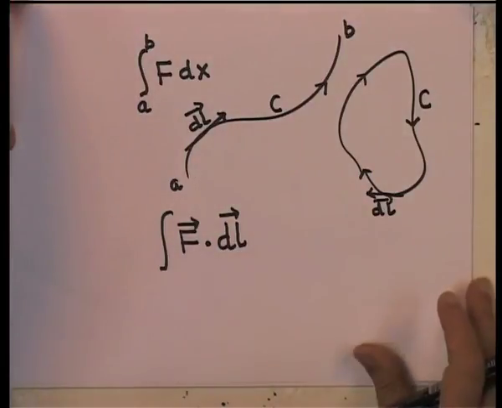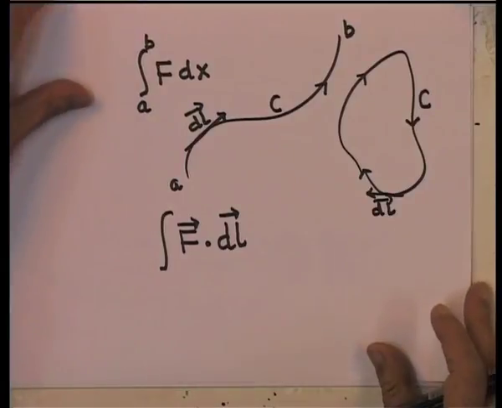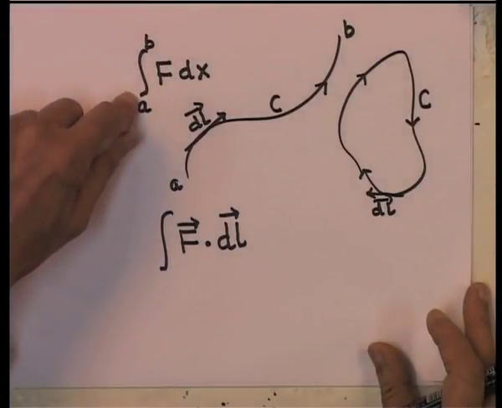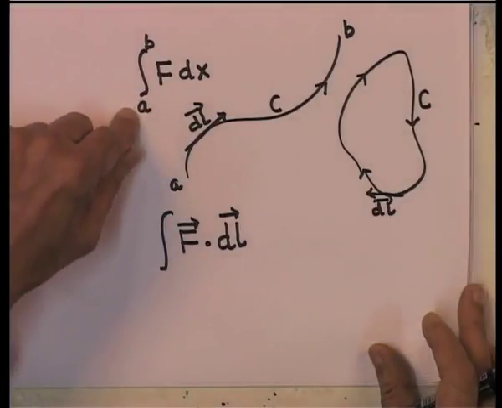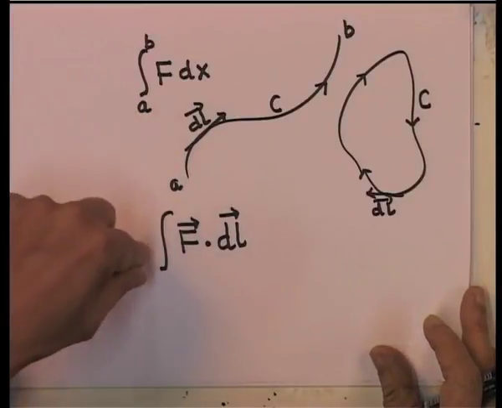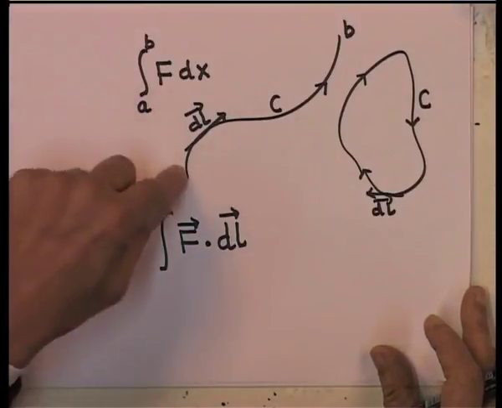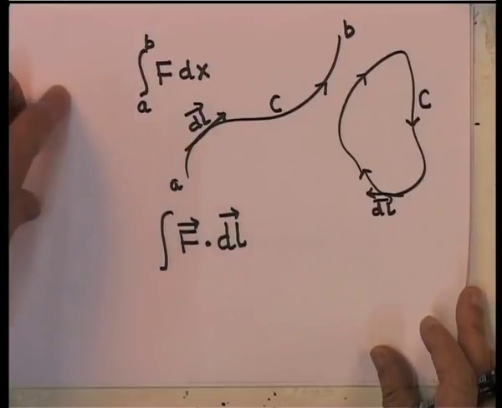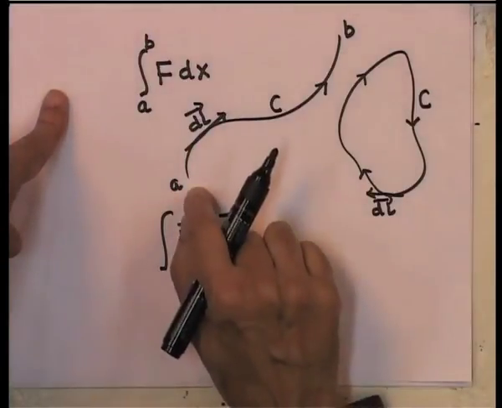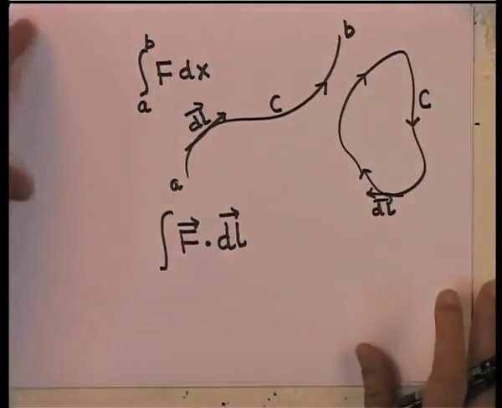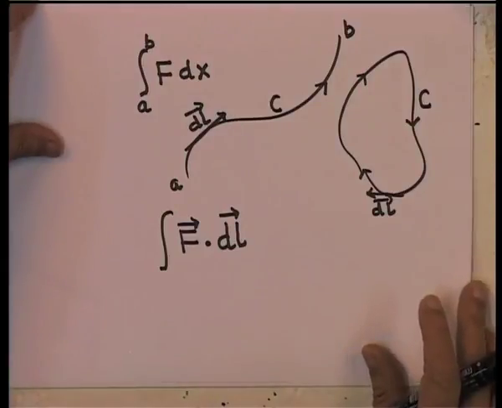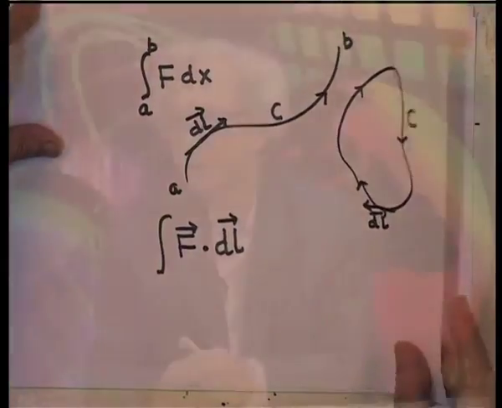So what we want to do is to generalize the concept of computing work in one dimension to determining how much work has been done when a force acts on a particle and takes it from one point to another or in a circuit.